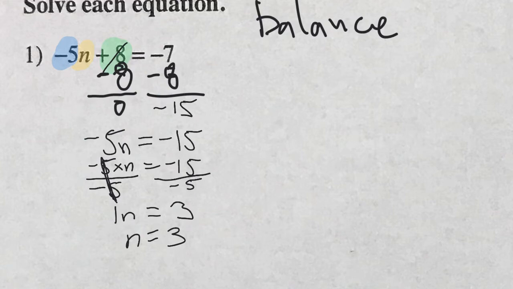Well, I can check this. Does that work? I can put it back into the equation. So let's see. Negative 5 times 3 plus 8 equals negative 7. Let's see if that works.